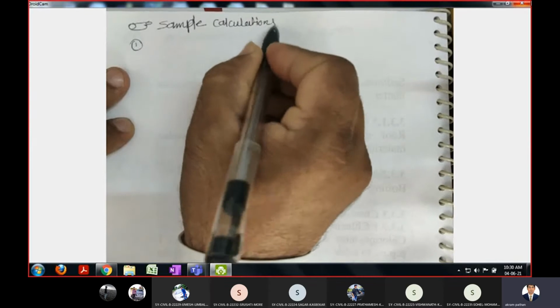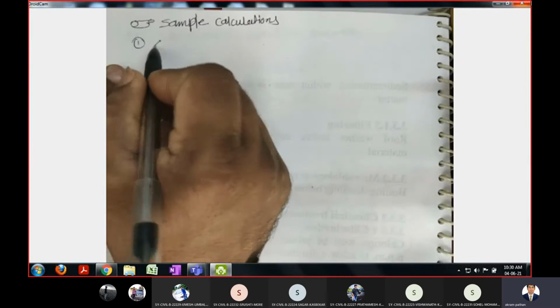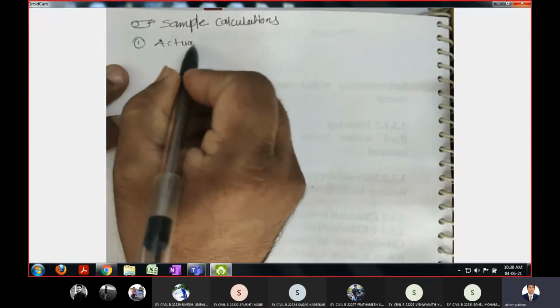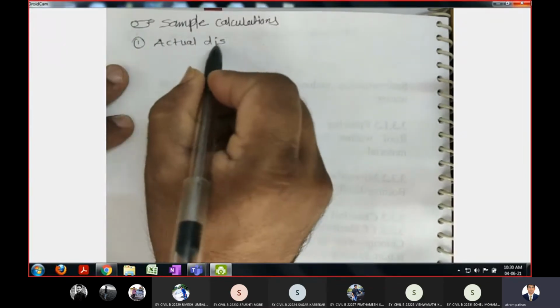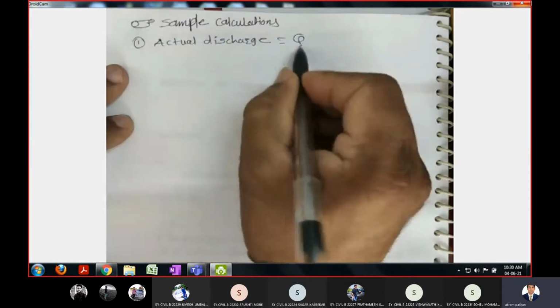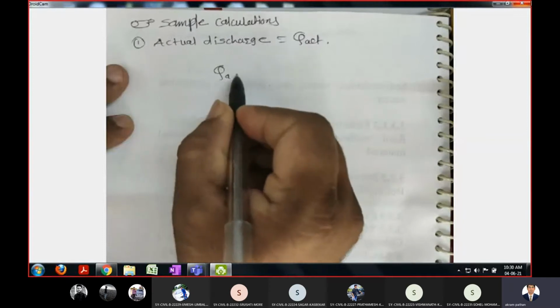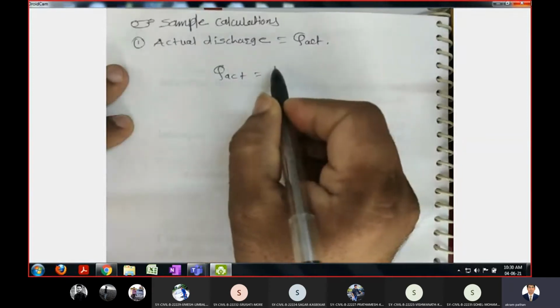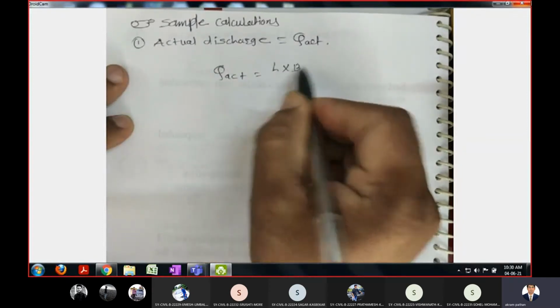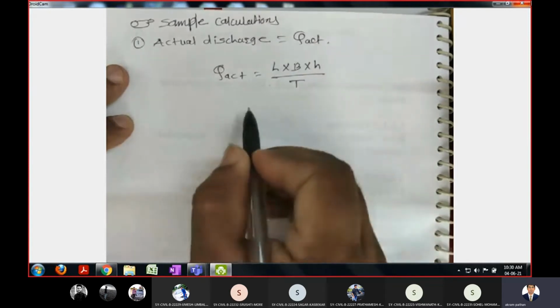Sample calculations. The first one is, we have to calculate the actual discharge. So Q actual is equal to volume of measuring tank divided by time.